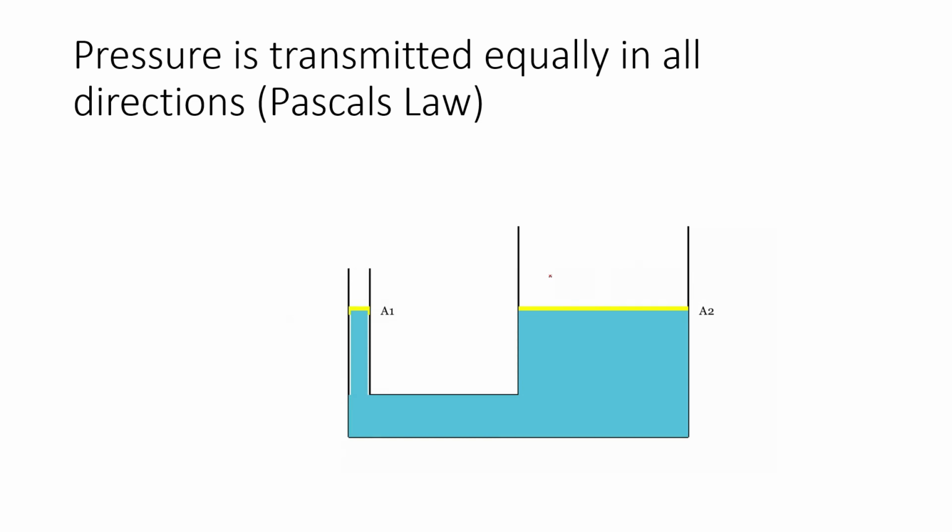So that means P is equal to F1 by A1, which will be equal to F2 by A2. This is the principle used in hydraulic jacks.